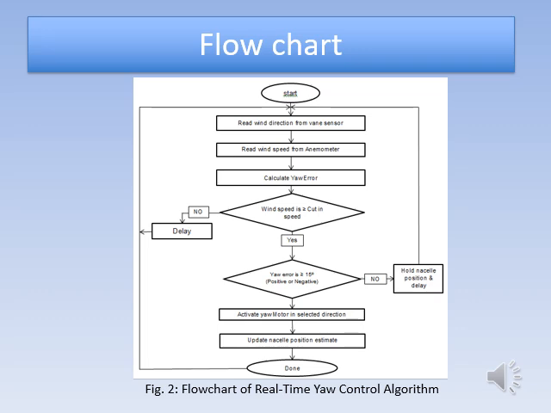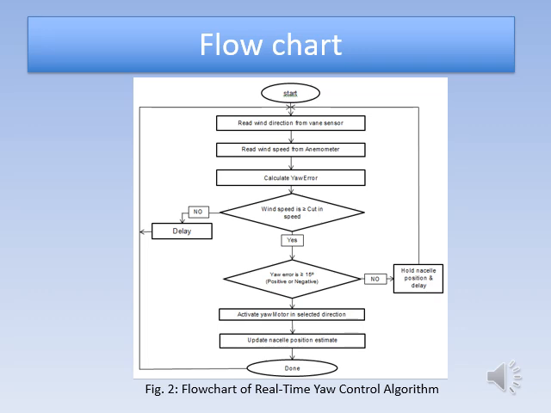If the wind speed is greater than or equal to the cut-in speed, then the system will check the yaw error. If the yaw error exceeds 15 degrees, the yaw motor will be activated in the appropriate direction to align the nacelle with the wind.